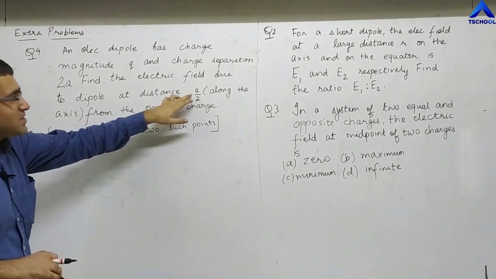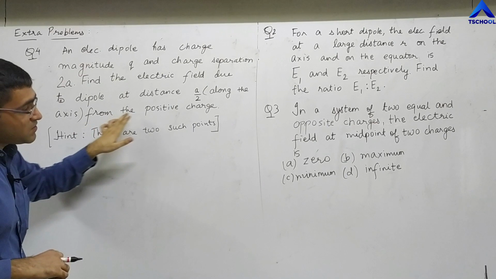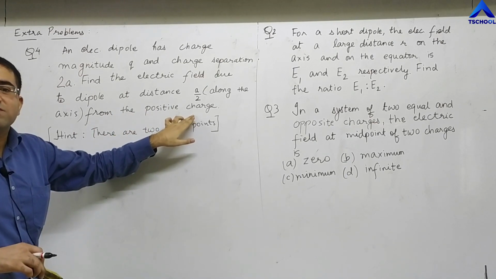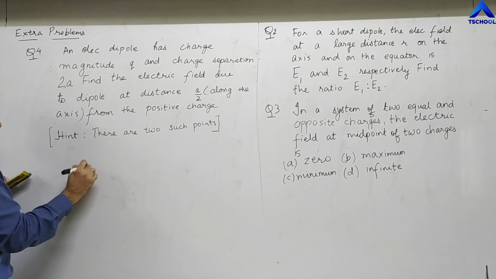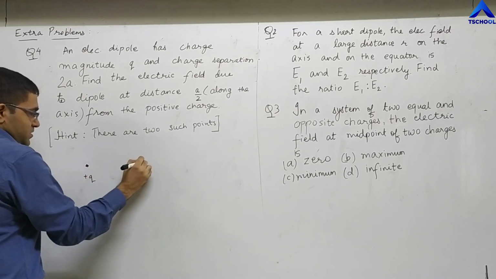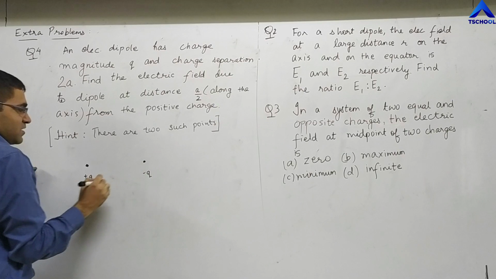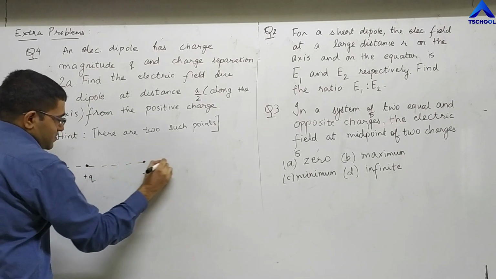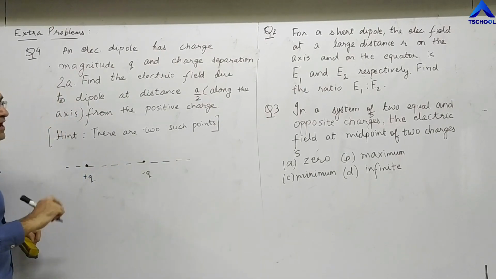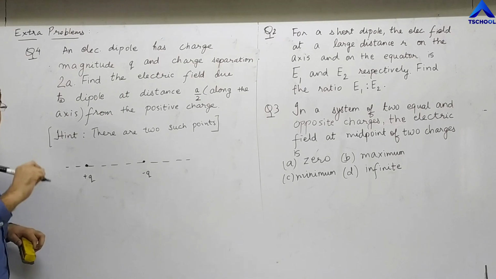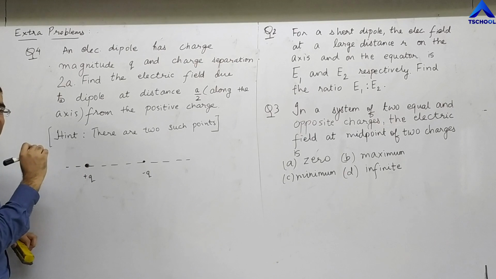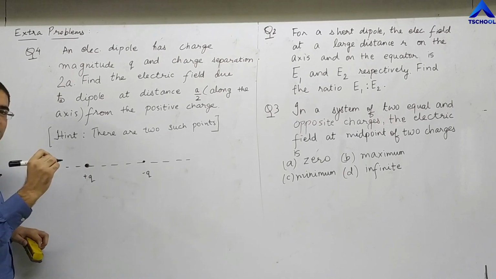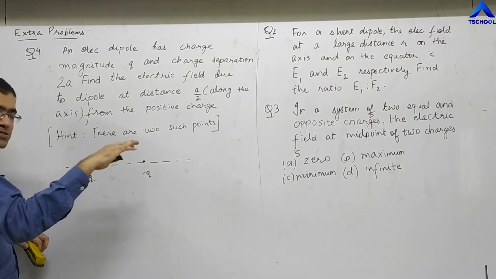But that distance A by 2 is not from the center but from the positive charge. So very quickly I'm just going to draw a diagram for you. This is plus Q, this is minus Q, and we have to find the electric field at a point from this which is at distance A by 2, along the axis.